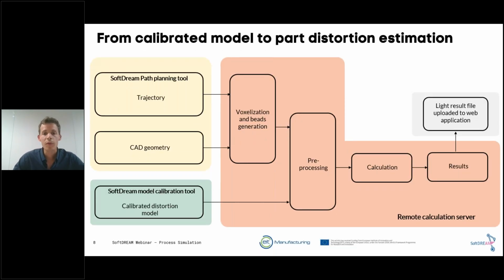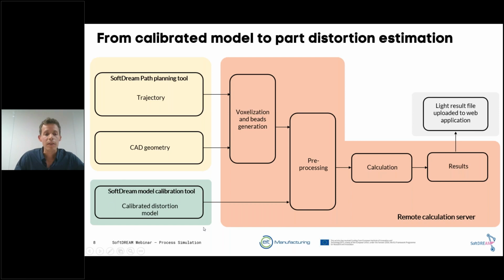Again, a general overview of the tool. In the Softdream, as presented in the introduction by Emil, there is a path planning tool that allows generating trajectories. This trajectory, combined with the geometry of the part, is used in order to build a mesh, using a voxelization approach.